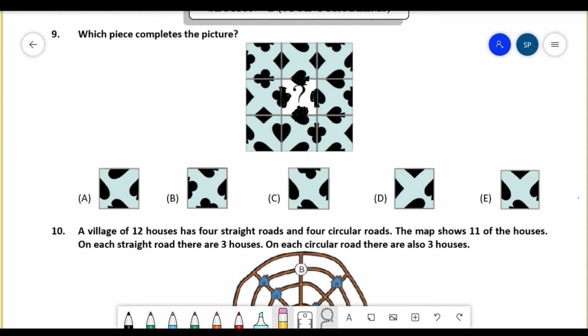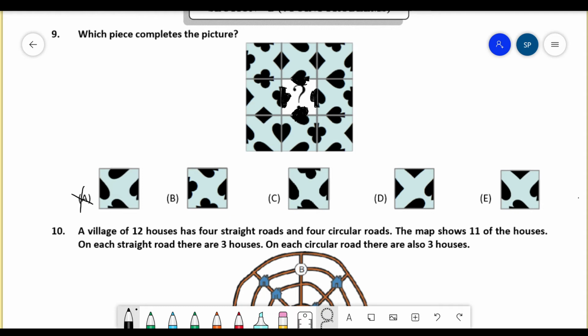So here there are 2 edges with the half of a heart, and there is no clover edge, which means this is wrong. So let's go to B. In B, we have to be careful because they might also rotate it.